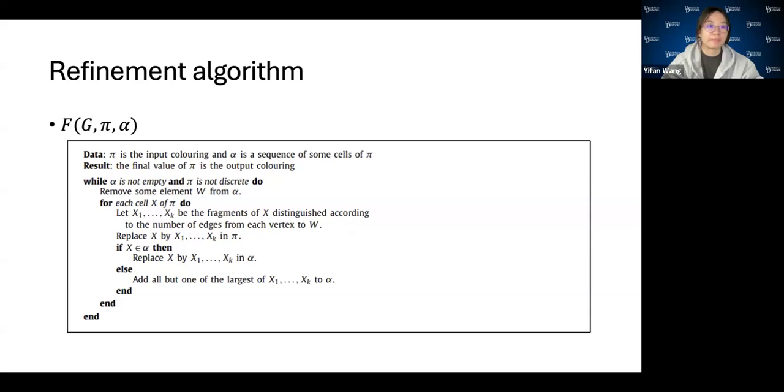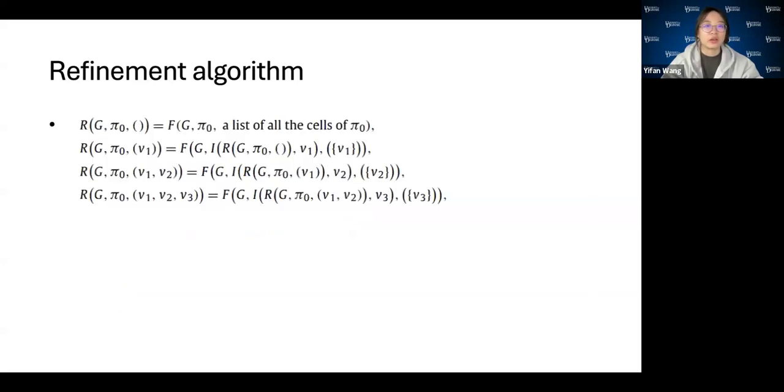And specifically, the overall refinement function is implemented in a recursive way. So it ensures that the vertices with similar structural properties are grouped together. This step-by-step refinement is crucial for accurately identifying the isomorphism structure in the graph.